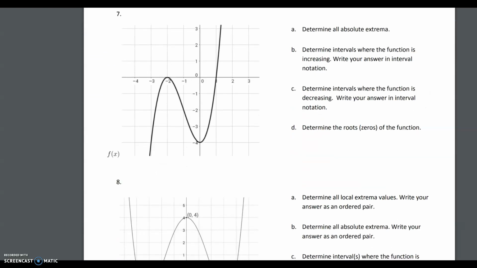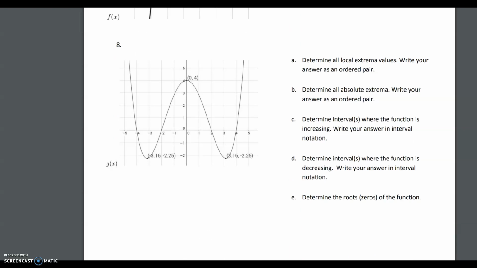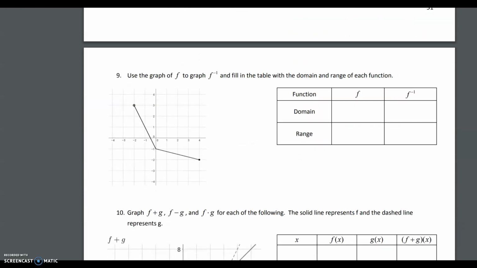Finding the absolute extremas, absolute or local minimum, absolute or local maximum, increasing, decreasing intervals. Remember, for increasing, decreasing intervals, we look at the x values. When x is between those 2 values, the function is increasing or decreasing.